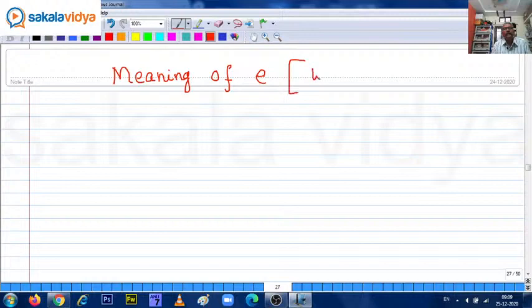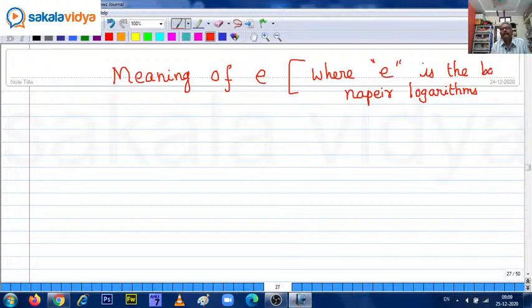Actually, e is the Napier base, the base of Napier logarithms. Napier is the mathematician who first introduced the logarithms. So now let us discuss the meaning of e. What is the meaning of e?